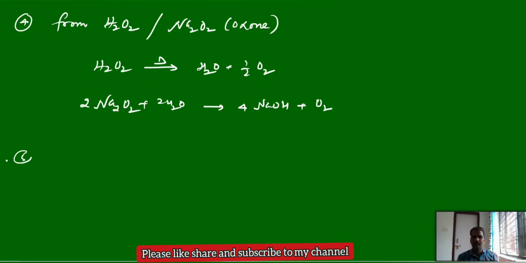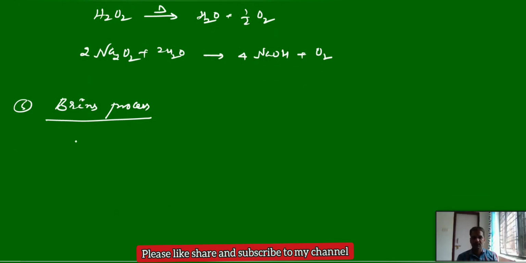Next, pure oxygen can be obtained from Brin's process. Just like pure nitrogen is from azides, here we will get pure oxygen from the peroxides, that is barium peroxide.